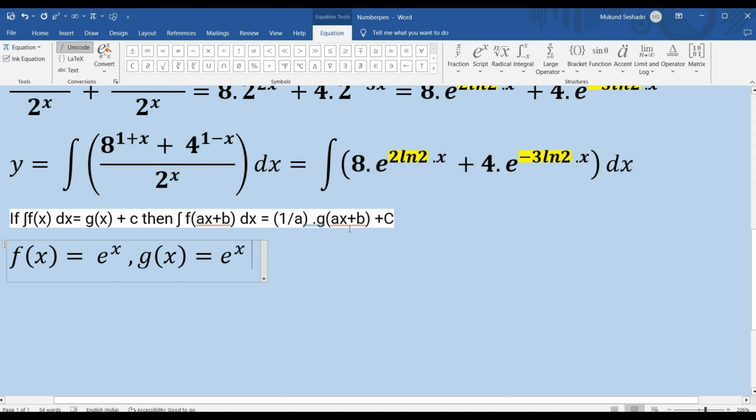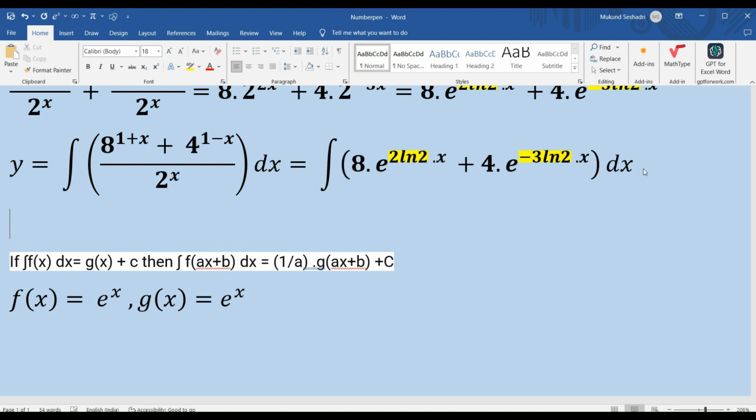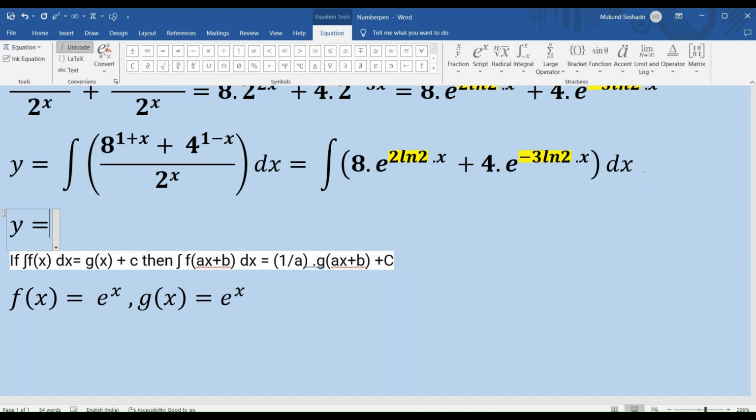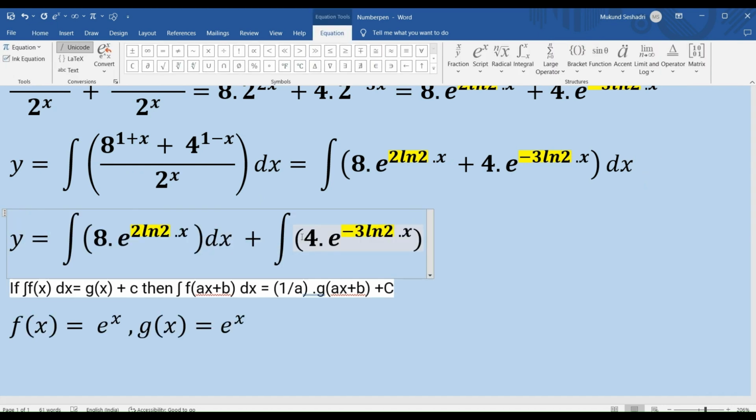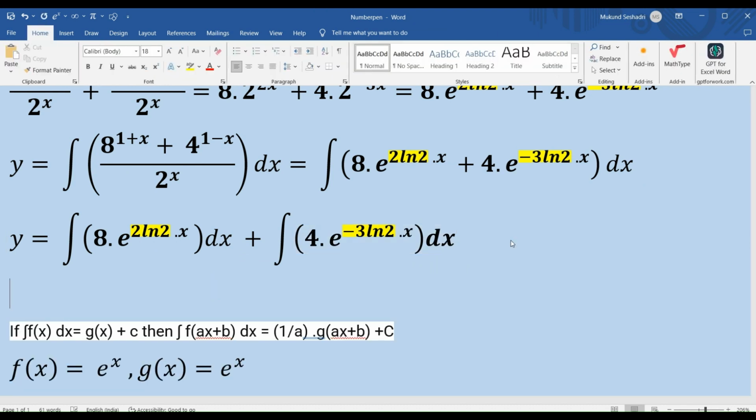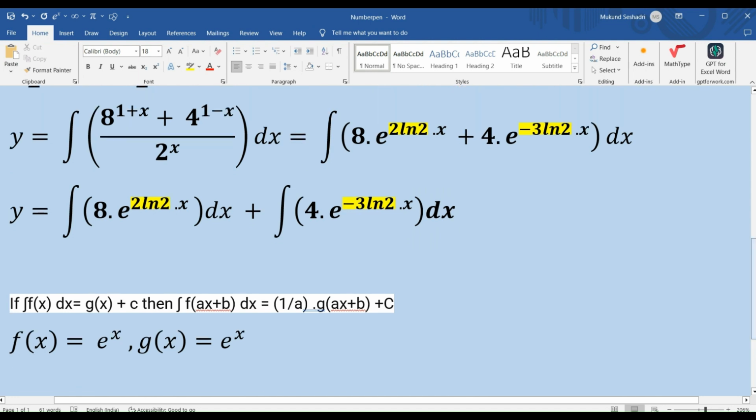So now before I actually jump to solving this particular problem, I'm going to break this using the sum rule, and I know that my y equals, all that we've done is applied the sum rule. I go to the next step, and now I'm in a position to apply the rule which we just spoke about, right? So what is my f of ax plus b?